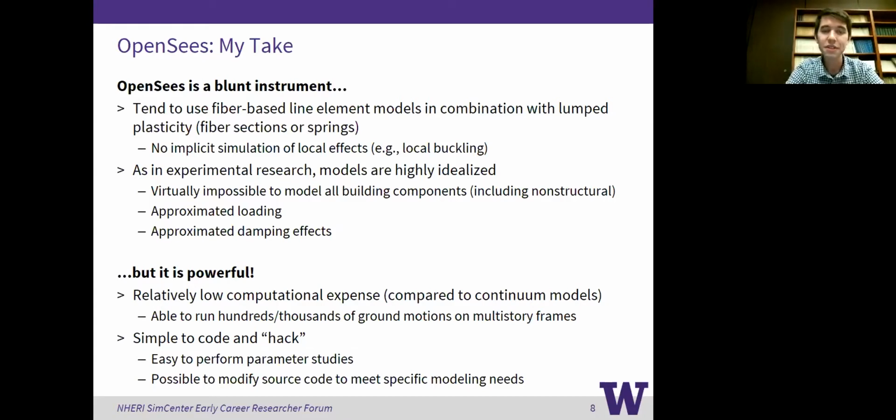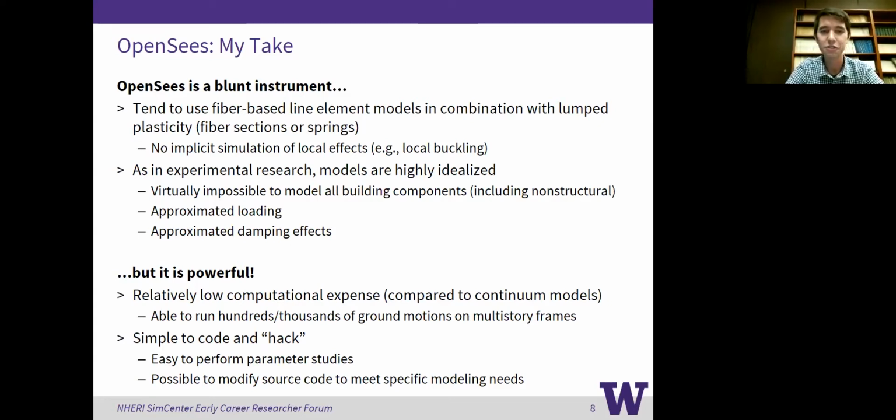So it is indeed powerful, right? And this is why so many people are using it. And there's a couple of reasons, and one is it has a relatively low computational expense compared to continuum models, which are possible in OpenSees, but for the most part today I'm going to be talking about fiber-based line element models.